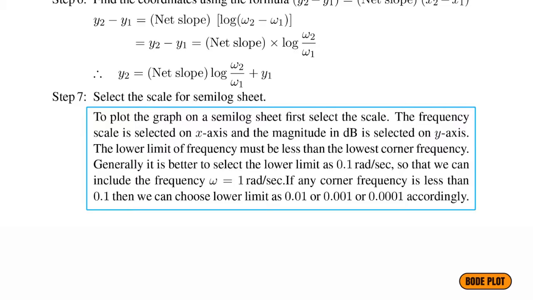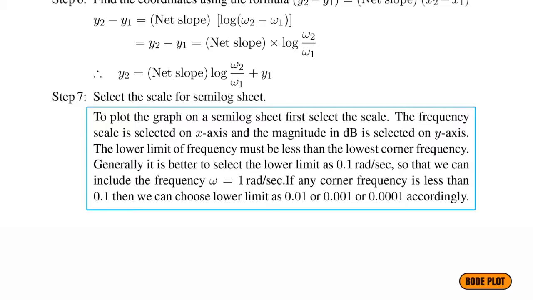Otherwise, always start the Bode plot x-axis at 0.1 radians per second. If any corner frequency is less than 0.1 radians per second, then we start from 0.01 or 0.001, depending on the case.